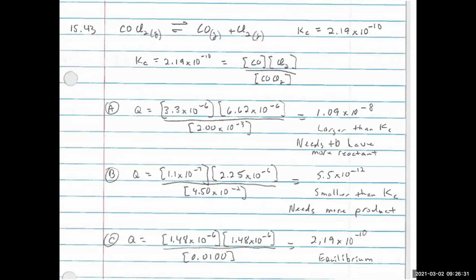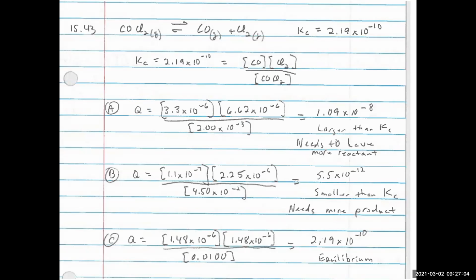If it's too small, that means the denominator is too big. The denominator, once again, we're products over reactants, the denominator is reactants. So it tells me I have too much reactant, not enough product. So that reaction is going to move in the forward direction. The reactants are going to react to form more product to get us to that 2.19 times 10 to the minus 10 value.